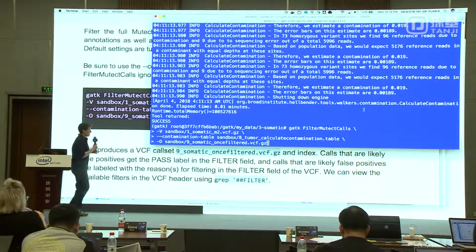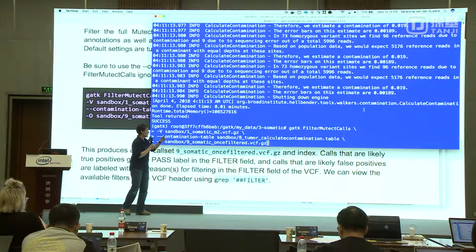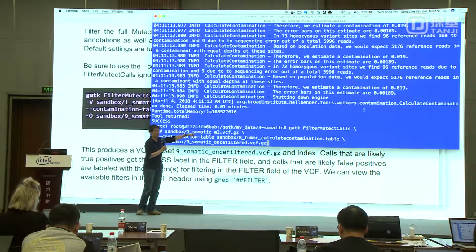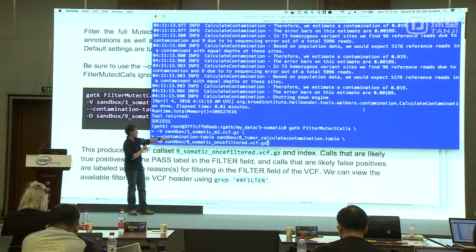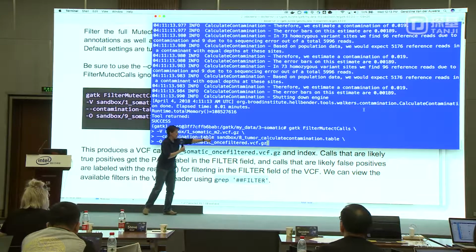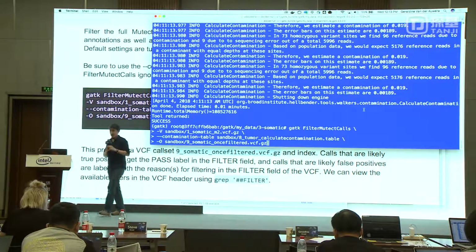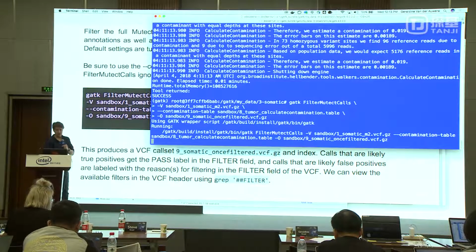In this case, we're giving this tool our VCF of Mutect2 calls that we generated much earlier. We're giving it our contamination table, which is what we just calculated, and that will give us our filtered VCF.